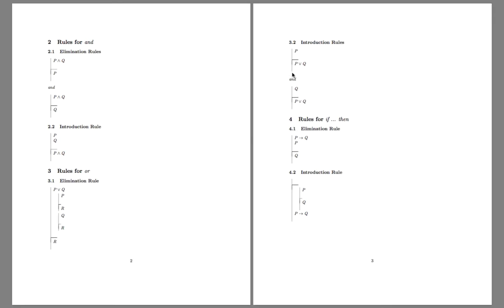The introduction rule for OR is simple, if not immediately intuitive. The idea is that if I have any sentence P, I can just tack on anything I want, P or Q. Okay. Now this is somewhat strange, and it has been troubling to some reformist-minded logicians over the years.